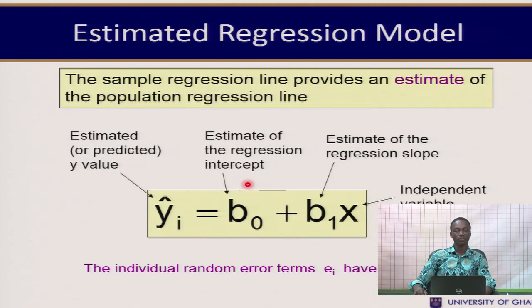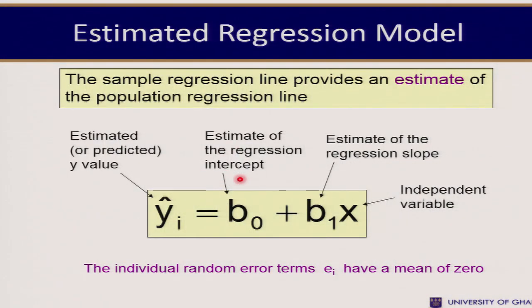Based on this model, we can estimate a population regression line based on our sample. Therefore, based on the sample, our predicted y value will be y cap. Over here it was just y.